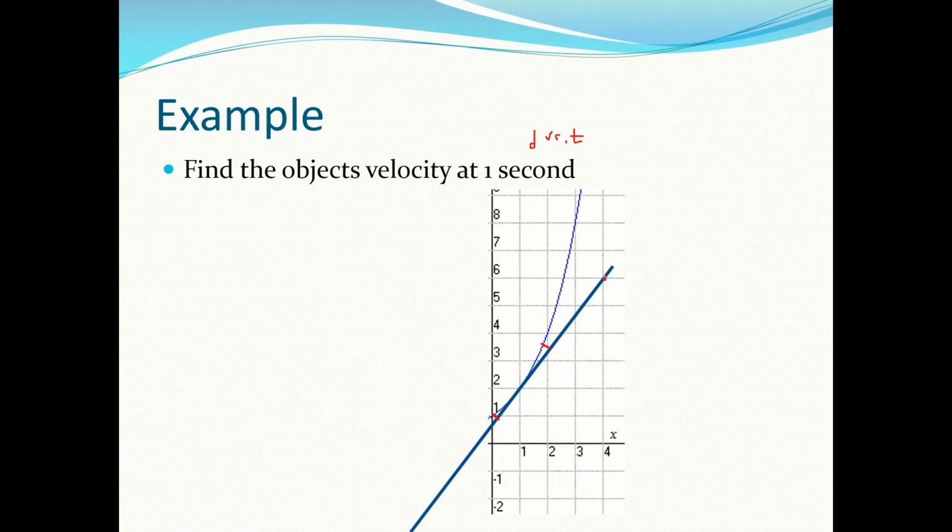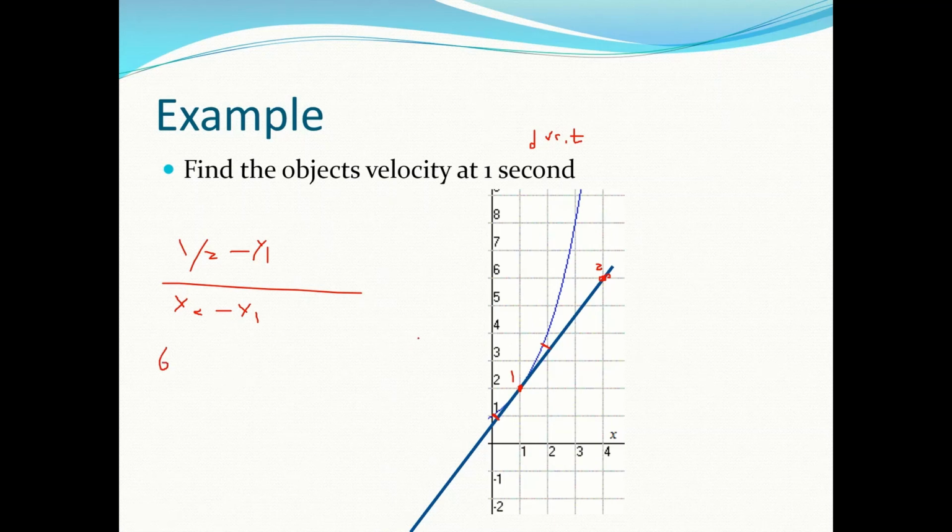Well, we can find the slope of this tangent line. So this is my point number 2, and this will be my point number 1. So I just have to go y2 minus y1 over x2 minus x1. y2 is 1, 2, 3, 4, 5, 6.